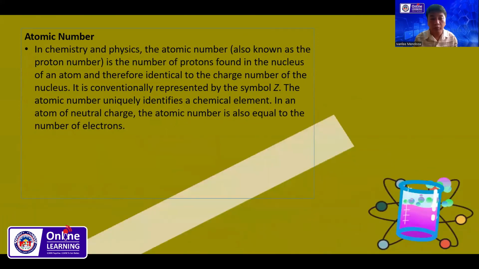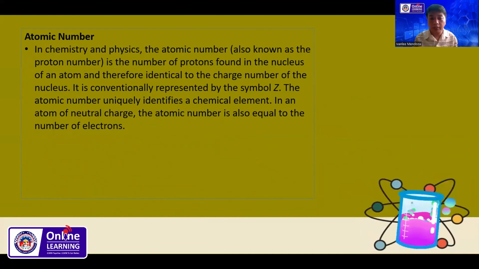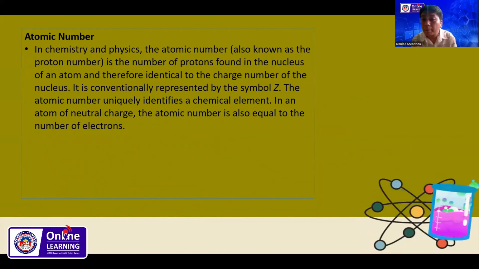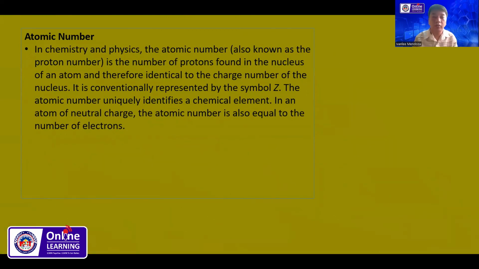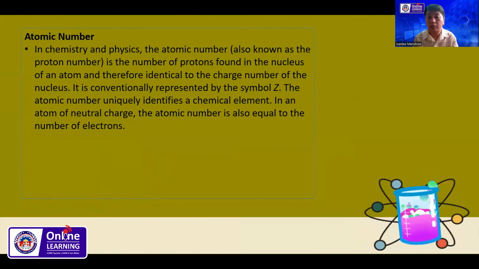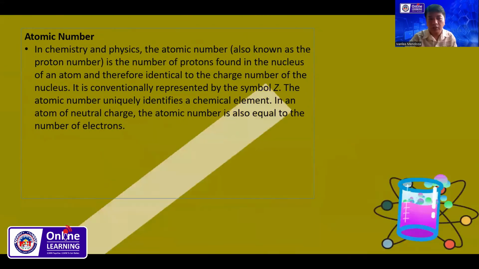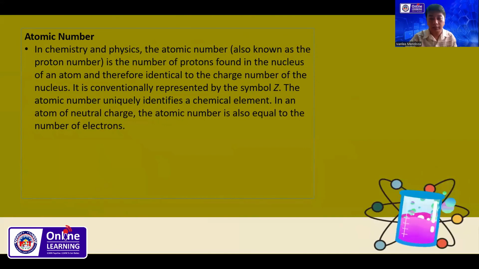In an atom of neutral charge, the atomic number is also equal to the number of electrons. As we discussed earlier, the atomic number is equal to the number of electrons, which is also equal to the number of protons. So that is the definition of atomic number.